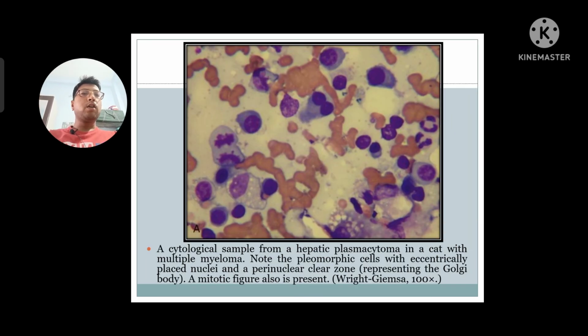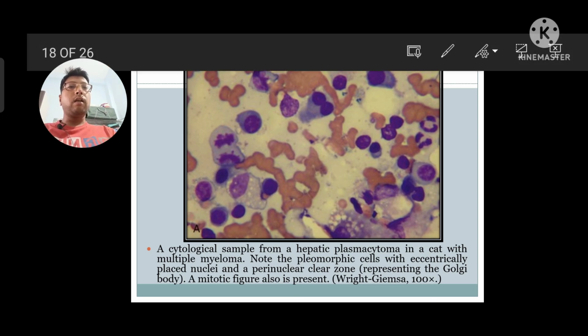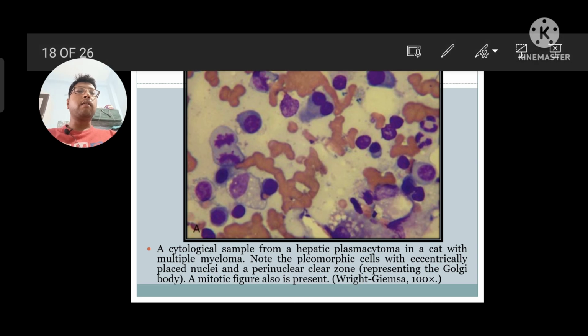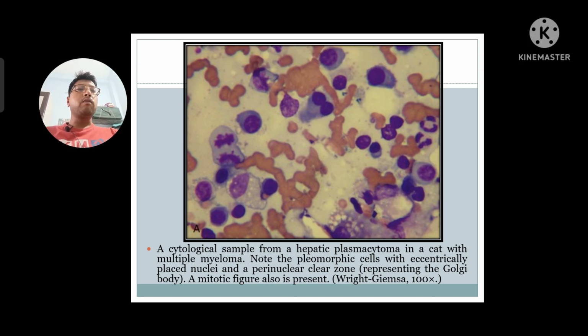This is another picture showing high mitotic index, like in this cell and in this cell. They have binucleated or single nuclei. There may also be anisocytosis, like in this, the size of this cell is very large while the size of this cell is very small.